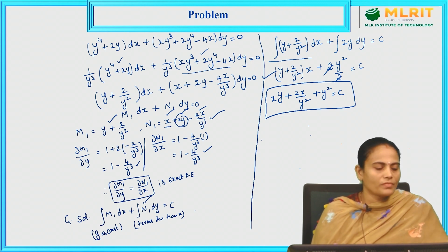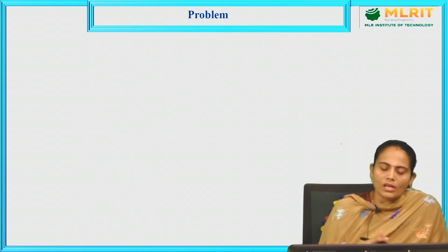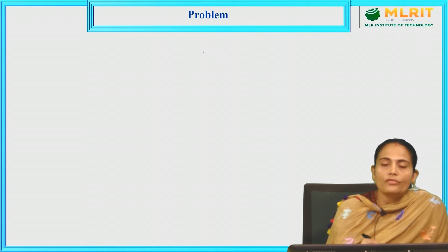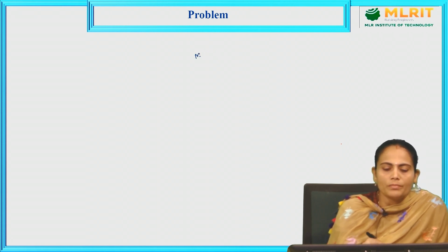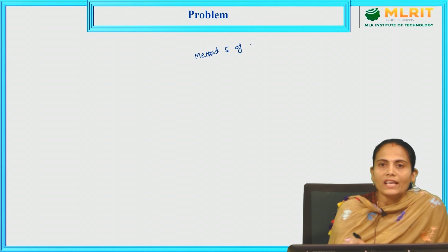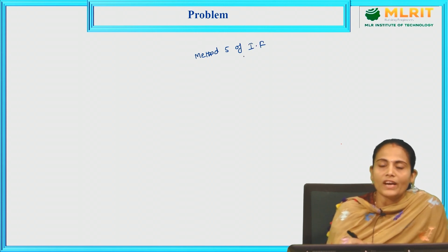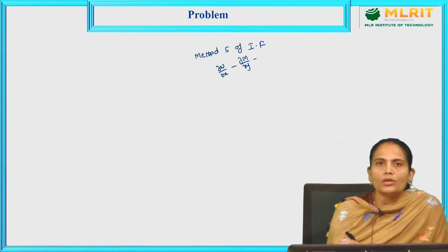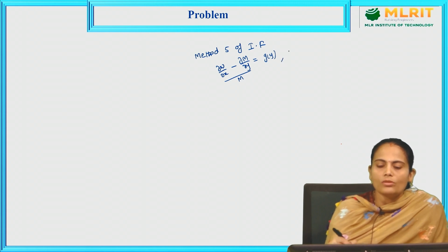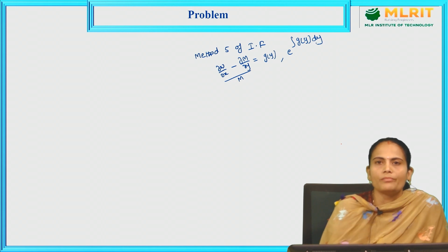So this is the required solution of the given differential equation by using method 5 of finding an integrating factor, right? So today in this session we discussed method 5 of finding an integrating factor, right? What is method 5? (∂N by ∂x minus ∂N by ∂y) whole divided by M is equal to g of y, or a constant, and also the integrating factor is e power integral g of y dy, right?